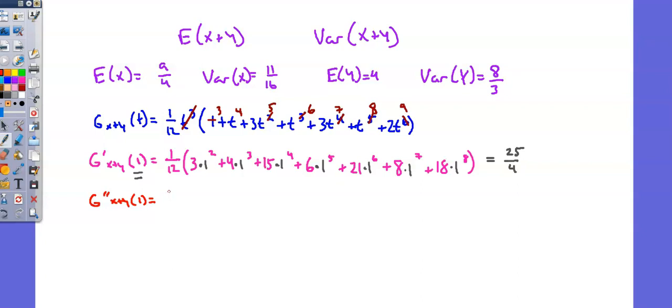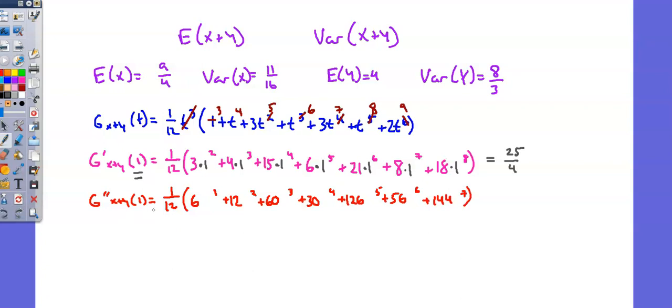And then for the second derivative, starting with the first derivative, I have 1 over 12 times now 6t to the power of 1 plus 12t to the power of 2 plus 60t to the power of 3 plus 30t to the power of 4 plus 126t to the power of 5 plus 56t to the power of 6 plus 144t to the power of 7.